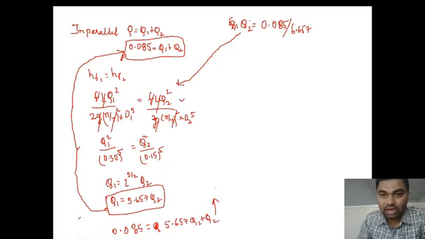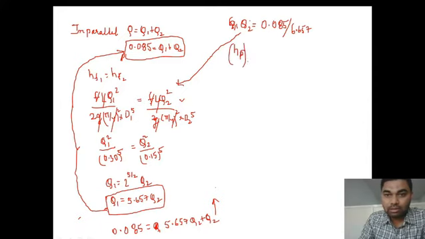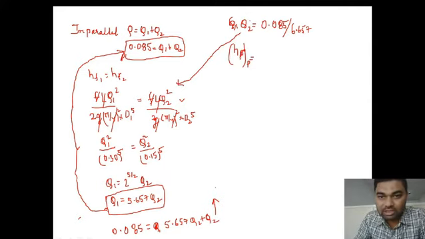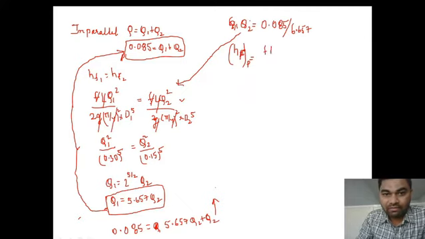Head loss in parallel is the same. HF in parallel will be F L Q2 squared by 2G pi by 4 whole square into D2 to the power of 5.